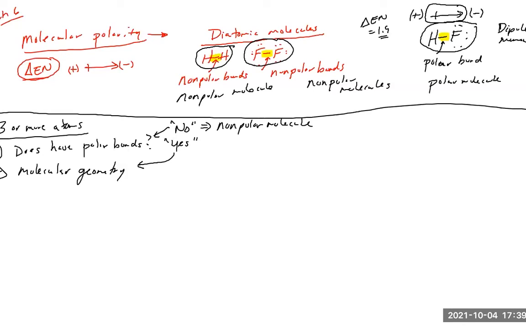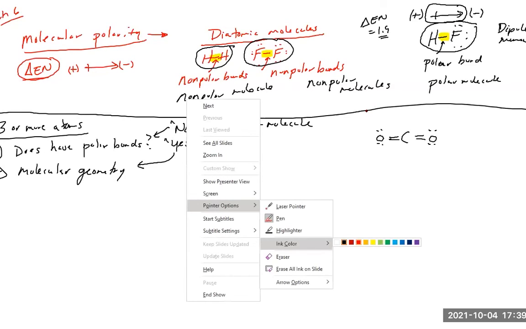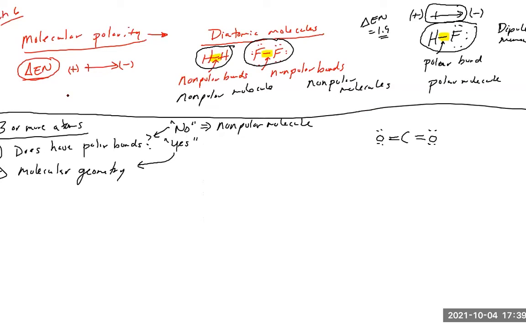The way we do that is pretty straightforward. Let's take a look at CO2, which is a pretty good example. We draw the Lewis structure for CO2. It looks something like this. In terms of bond polarity, you don't really even need to use the table. If you look at the periodic table, you will see carbon, nitrogen, and oxygen.